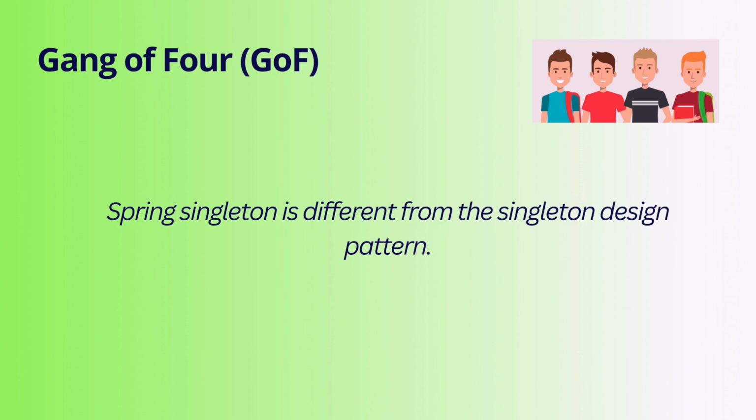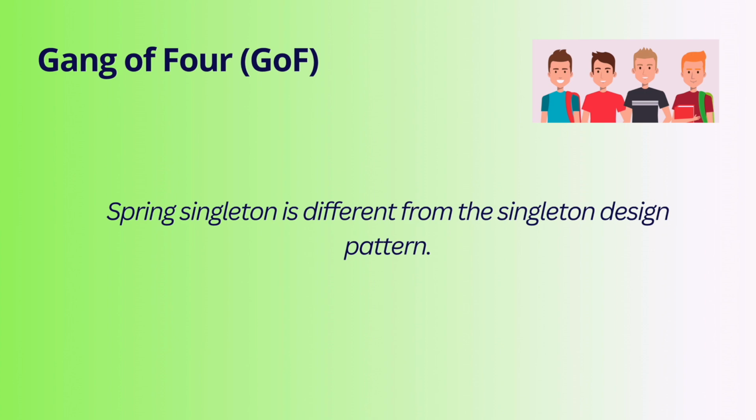But anyhow, why I'm referring to Gang of 4 here is that Singleton, as I said earlier, in Java we have the Singleton design pattern, or we have Singleton scope, whereas Spring Singleton is different from the Singleton design pattern. Why it is different is because in Spring Singleton we have only one instance per container, whereas in the Singleton design pattern we can have only one for the entire application.